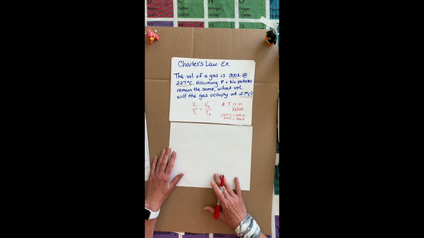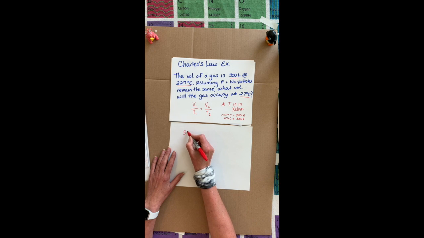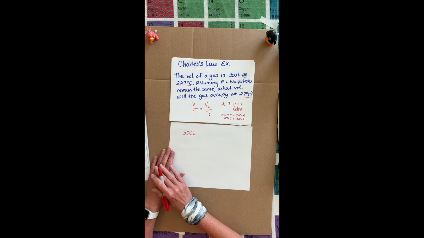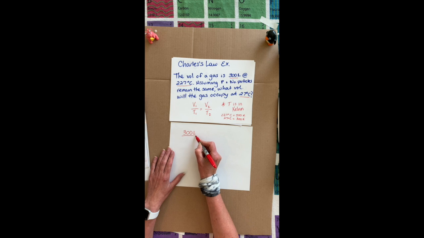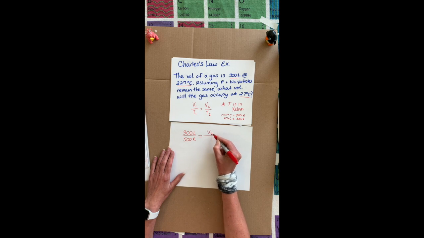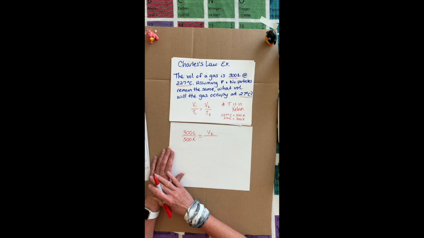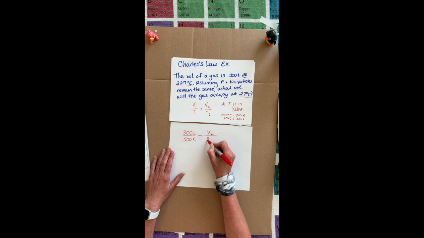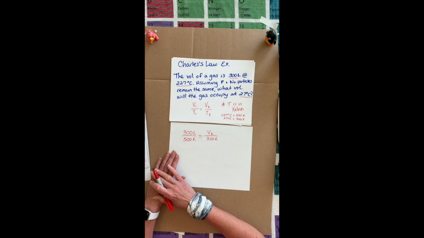So let's put in our numbers. We started with 300 liters of a gas. The temperature is at 500 Kelvin. We are trying to determine the final volume of that gas, and we know that the temperature decreased to 300 Kelvin.